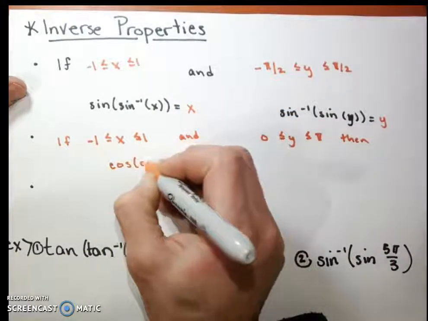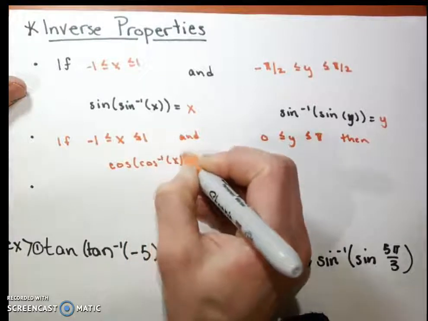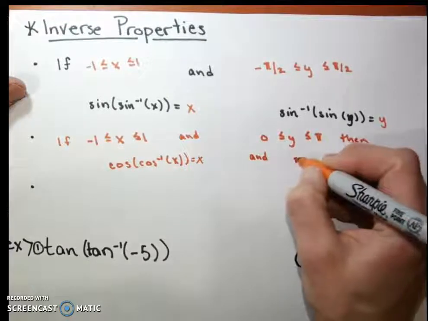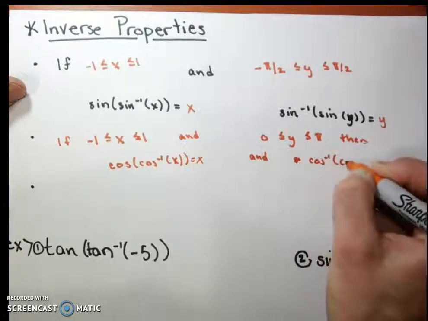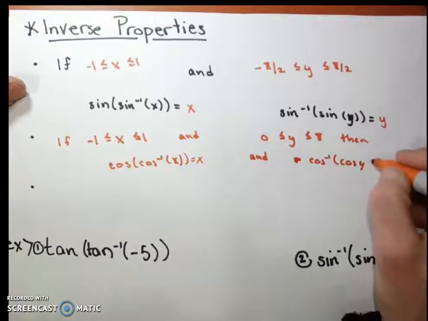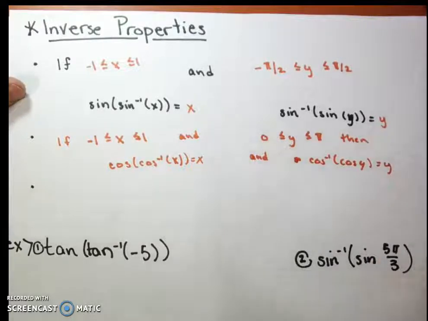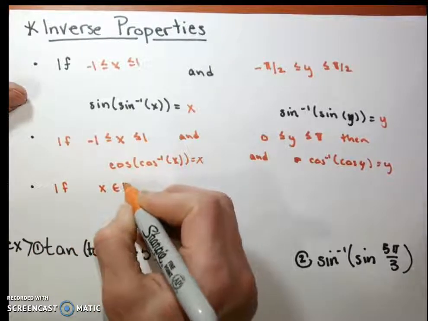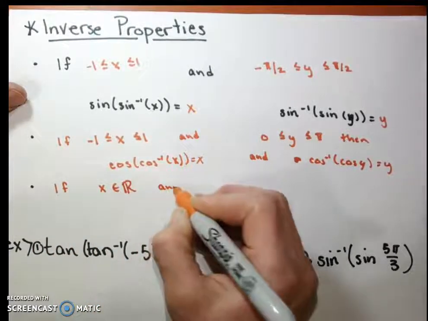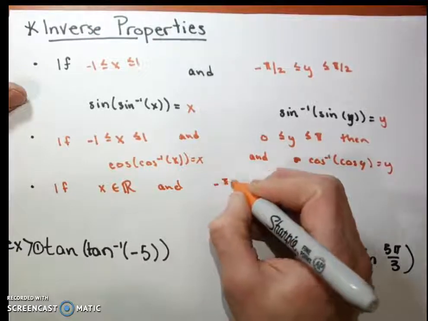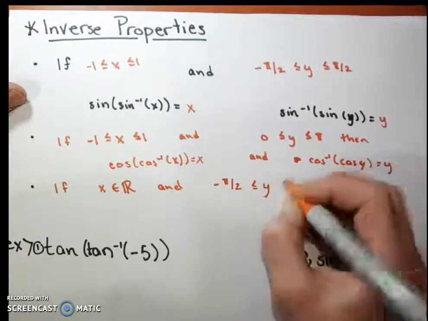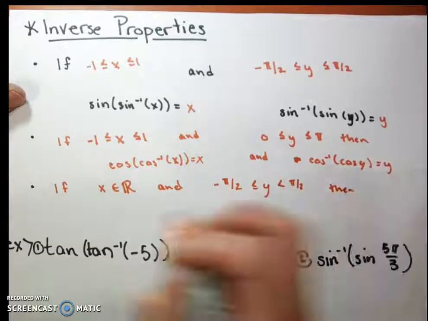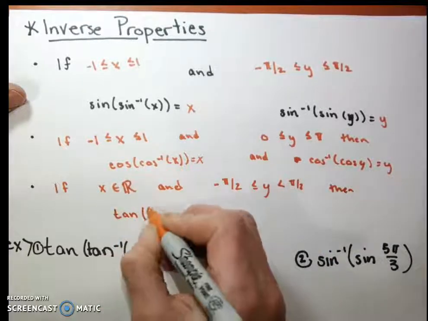So in that case, cos of cos inverse x is equal to x, and cos inverse of cos of y is equal to y. And finally, for tangent, if x is a real number and the y values are between -pi/2 and pi/2, then the tangent inverse properties hold.